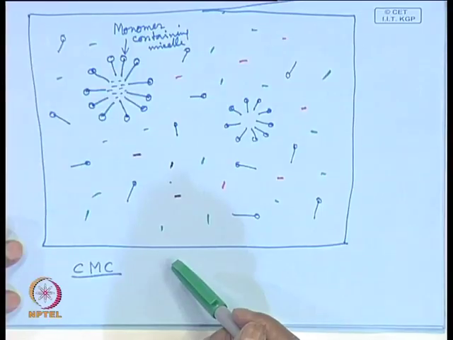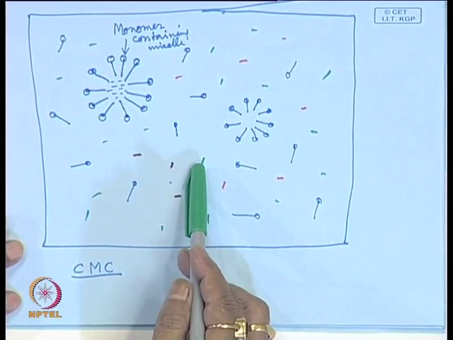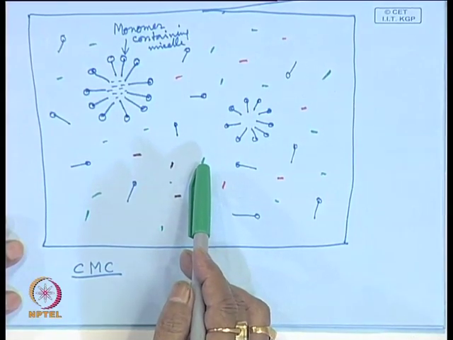So, what is happening there is very interesting. These initiator molecules, say hydrogen peroxide and ferrous sulphate, will form OH free radical.